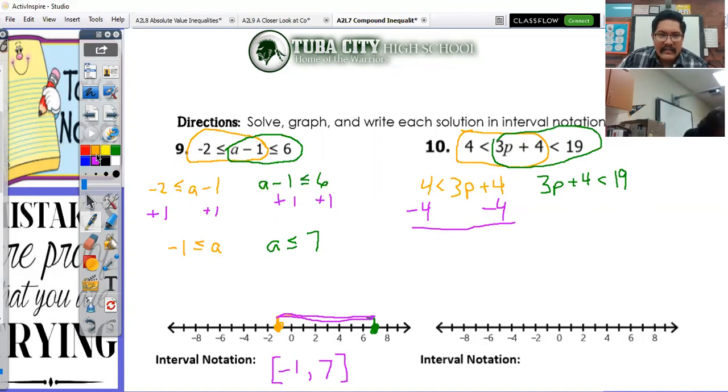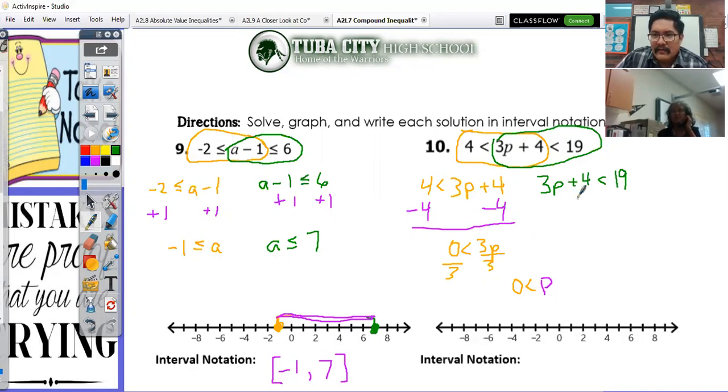It looks like I'm gonna end up with a 0 here, which is okay. I don't think that's gonna affect anything. If I divide both sides by 3, I get 0 is less than p. Okay, so that's it for that one.